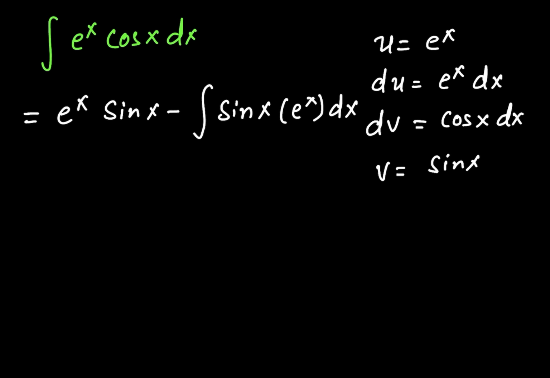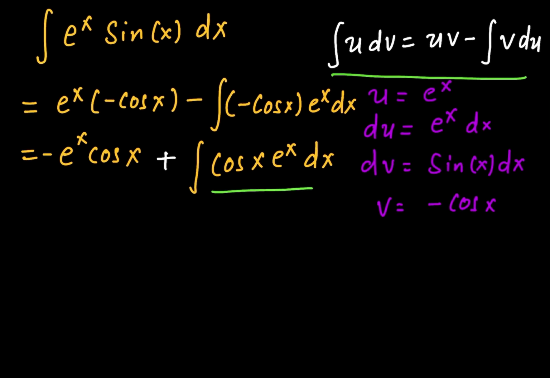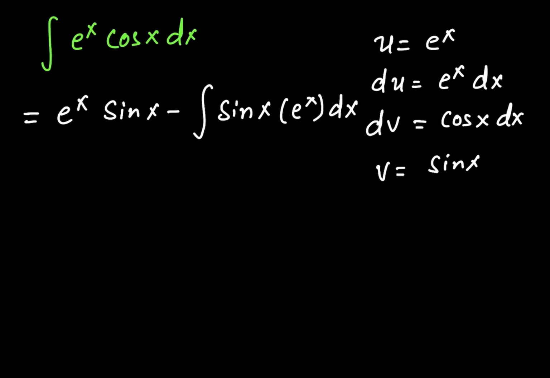Once we have made our peace with it, we will be replacing this value over here, which we started with. So here it will become minus e to the power x cos x plus, and we will be replacing this entire value over here.